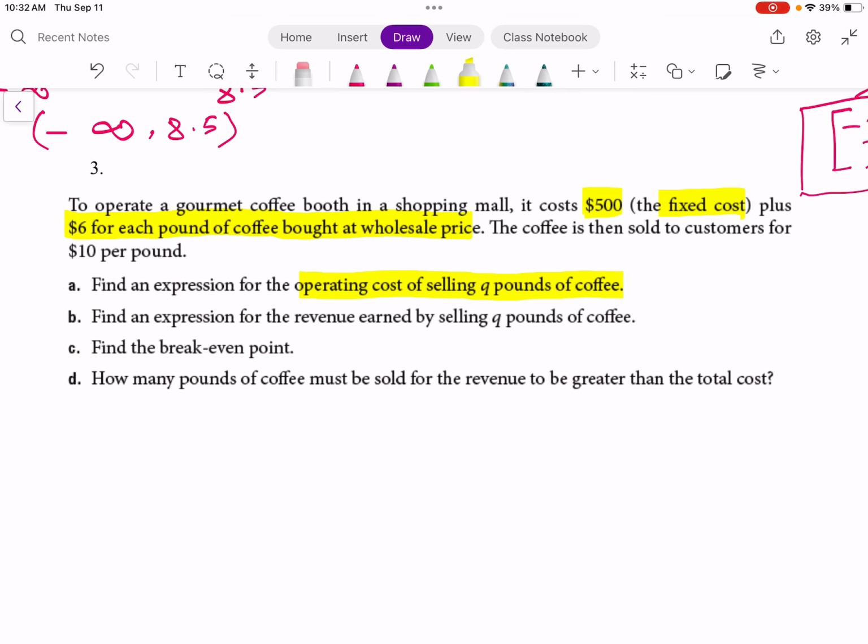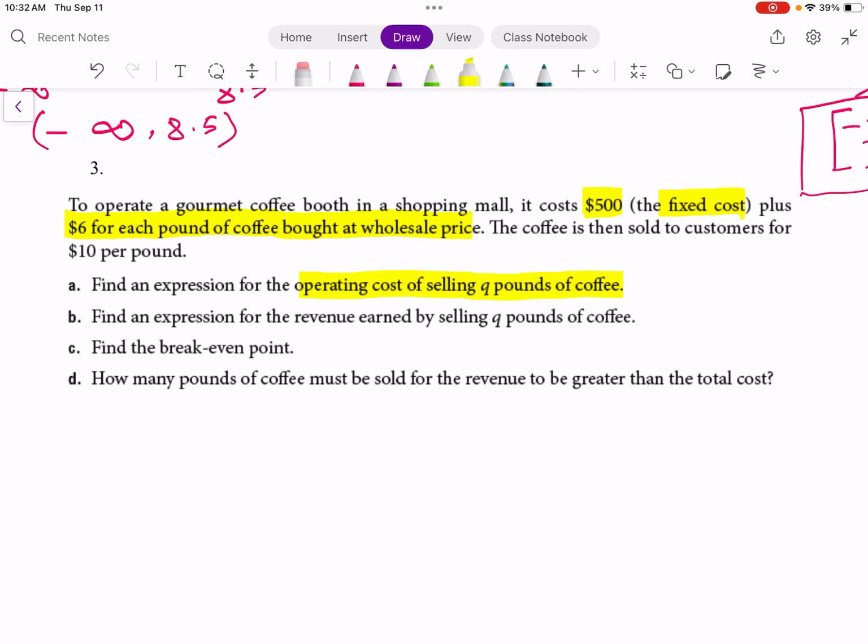So 500 plus 12. So 512 is the operating cost for selling 2 pounds of coffee.